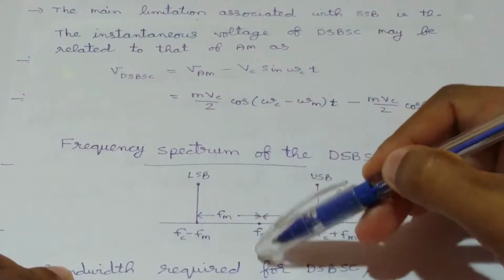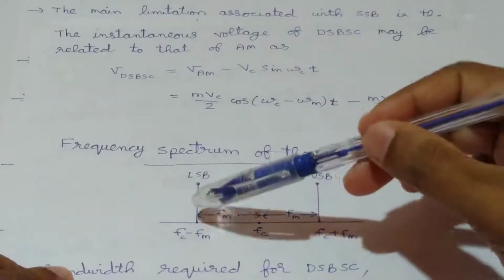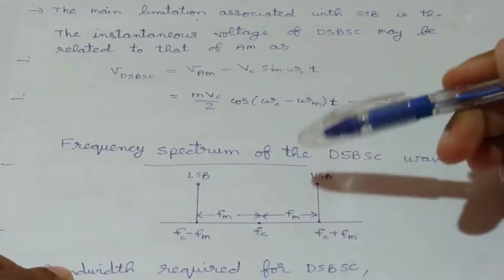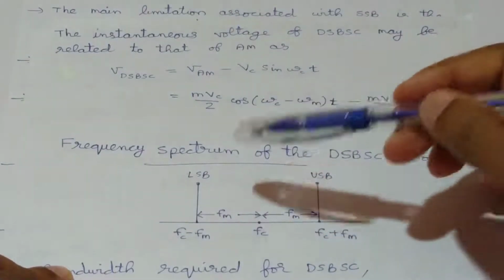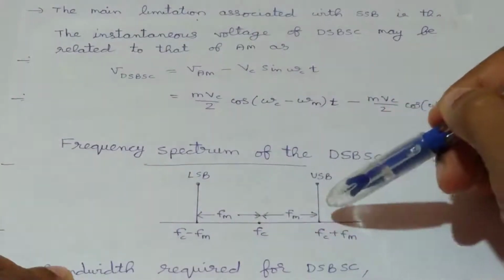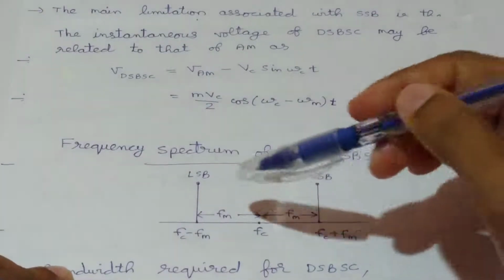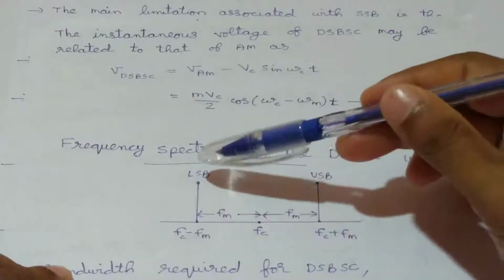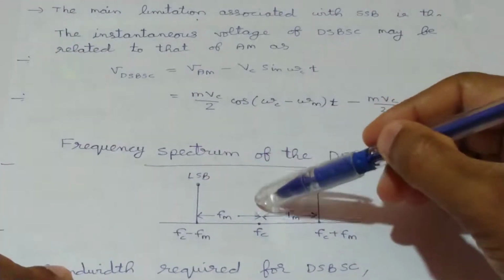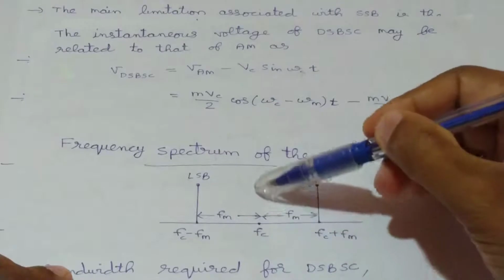We will remove fc to fc minus fm for the transmission of the upper sideband, or we will remove fc to fc plus fm for the transmission of the lower sideband.